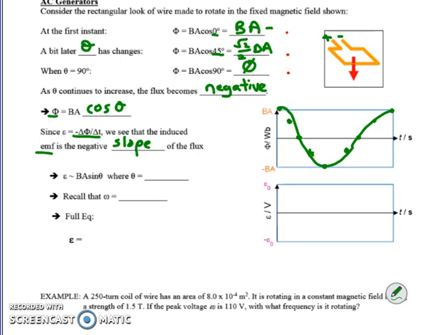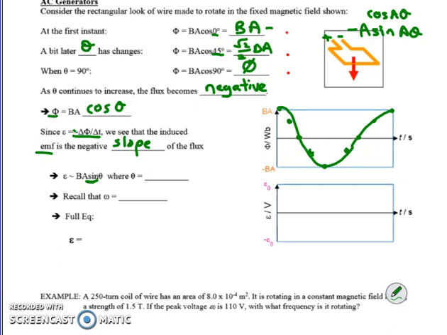From calculus, if I want to take the derivative of cosine of, let's say, a times theta, then the derivative of that is negative a sine of a theta. And since we want the negative of the slope, we end up with a positive sine value.